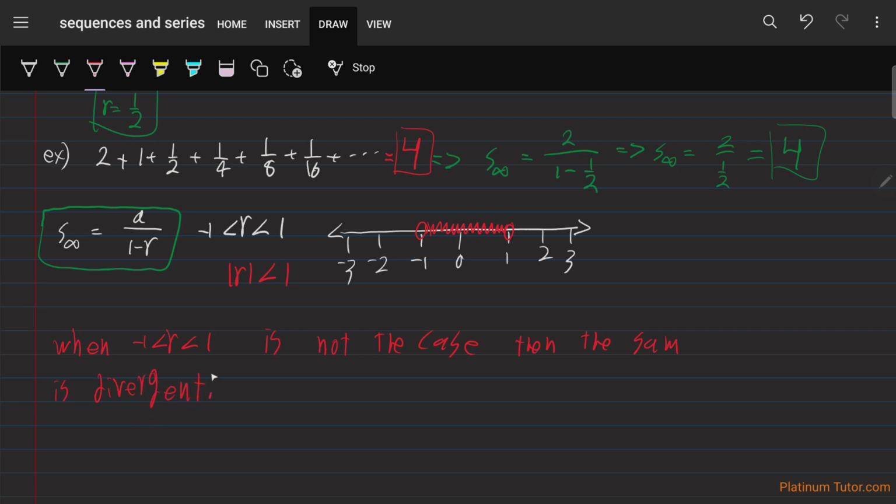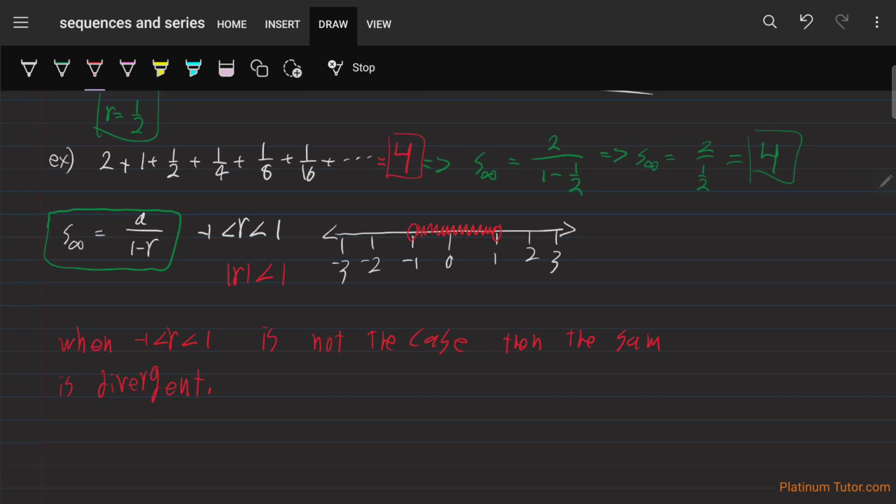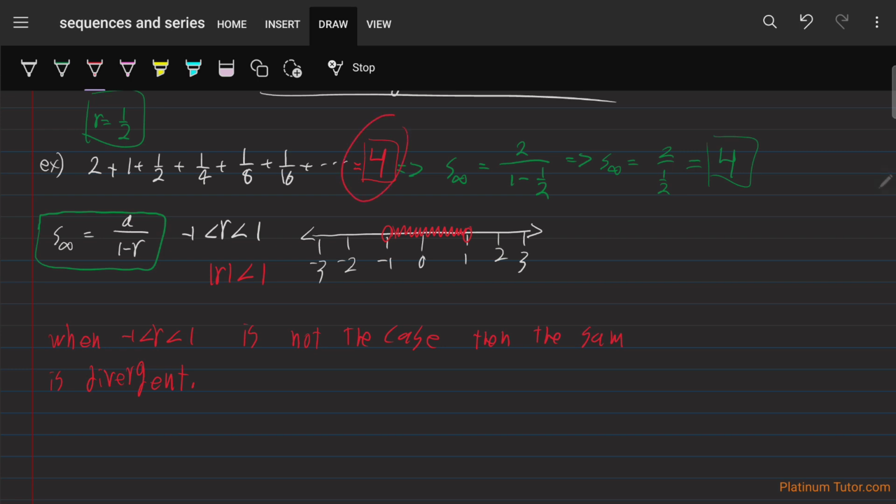And what this word, divergent, means is it doesn't come out to a number like 4. It doesn't come out to a final value. Okay, so it could mean that the sum oscillates between two numbers. We won't really think about that case too much for now.